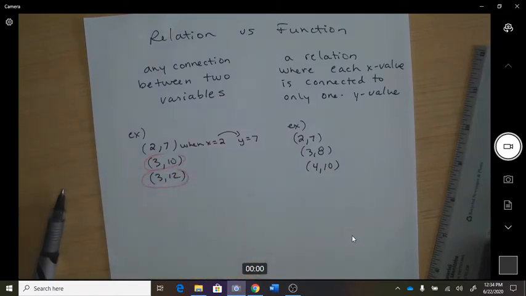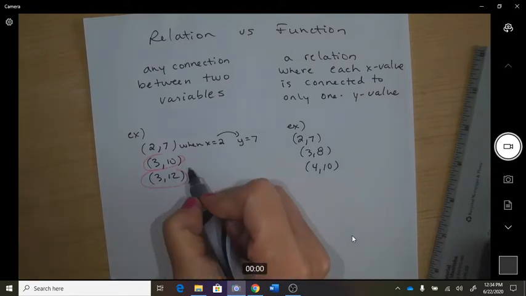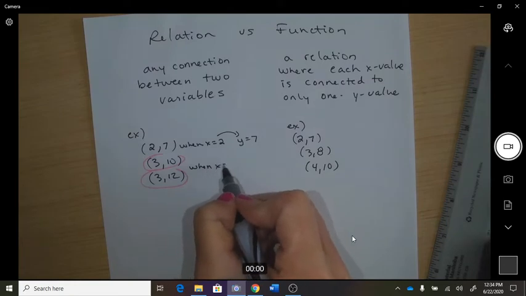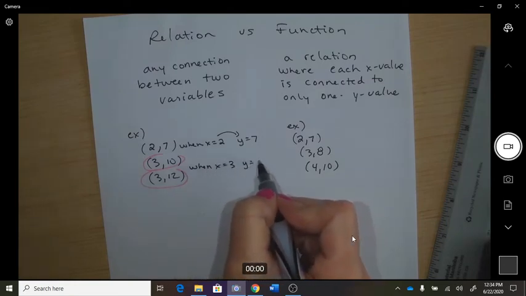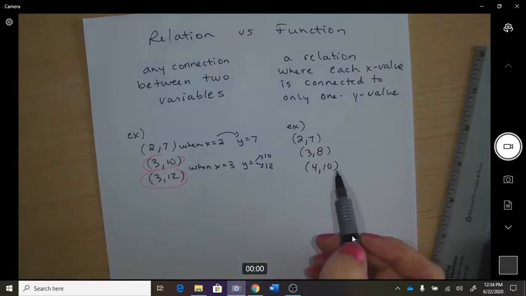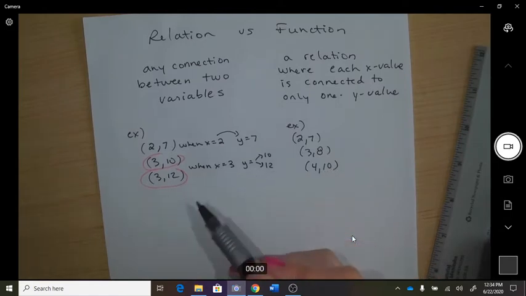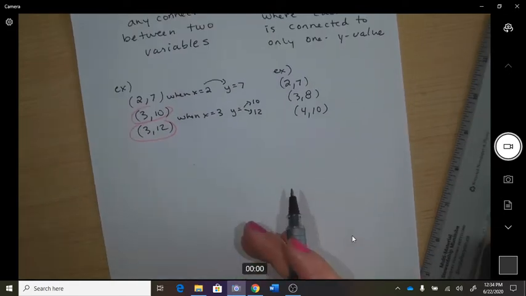Okay, you can see that here, this is not a function because for the x value 3, when x equals 3, y equals, and then you have two different options. That does not work as a function. You can only have one connected y value to the x value. Okay? So that's the difference.